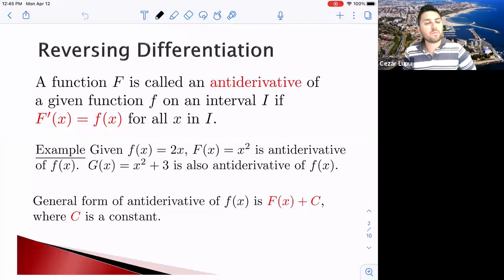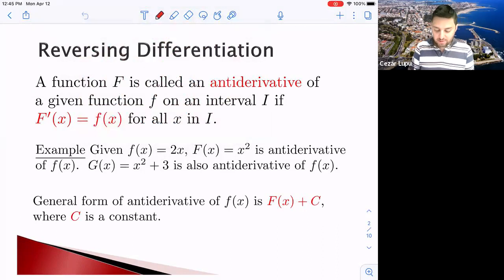In other words, a function capital F is called an antiderivative of a function f, and let's just say f is defined on an interval I, doesn't matter, closed, open, if this relation holds. So if the derivative of capital F of x is nothing else than just f of x for all values of x in that interval, right? So that is the thing that you need to know.